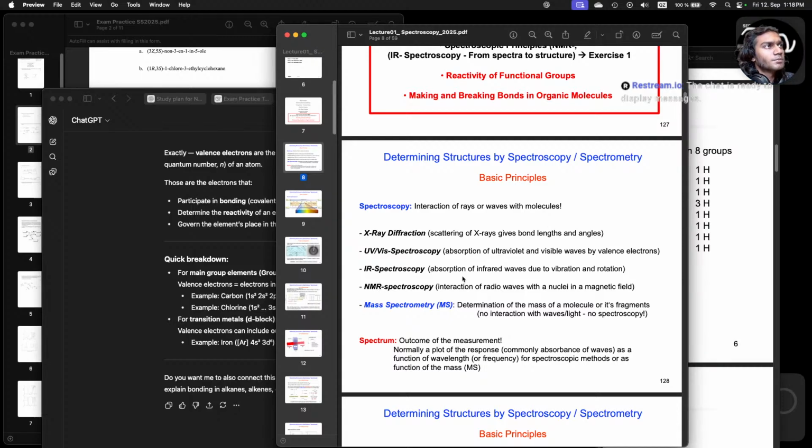IR spectroscopy, absorption of infrared waves due to vibration and rotation. NMR spectroscopy, interaction of radio waves with nuclei in a magnetic field. Interaction of the radio waves with the nuclei in a magnetic field.